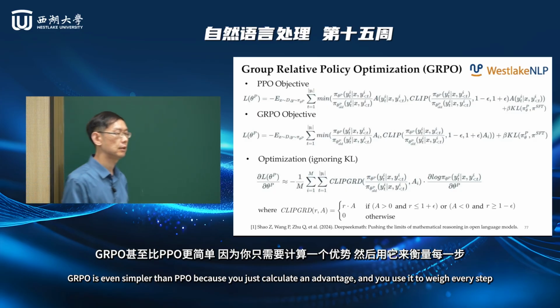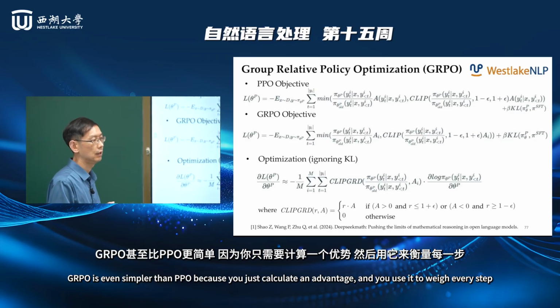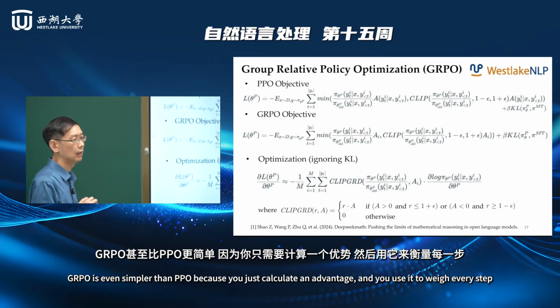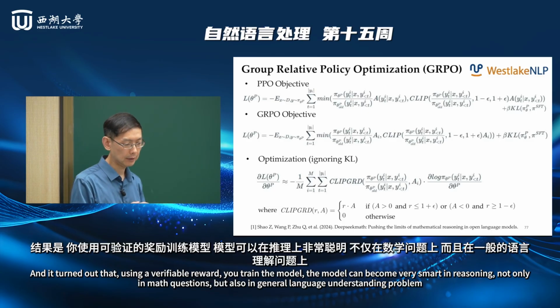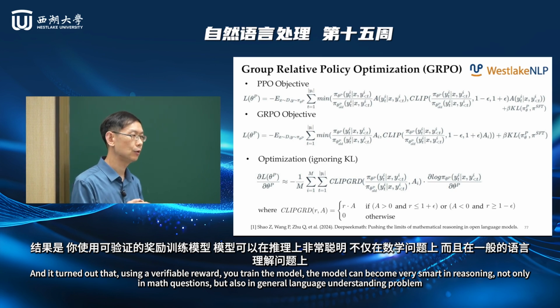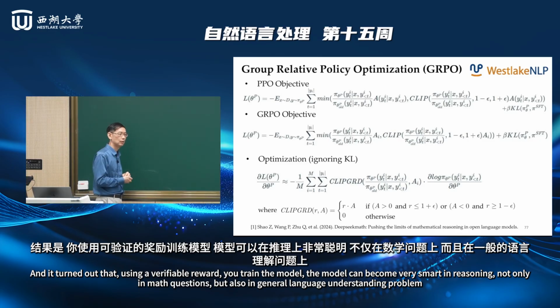GRPO is even simpler than PPO because you just calculate an advantage and you use it to weigh every step. And it turned out that using a verifiable reward, okay, you train the model can become very smart in reasoning.